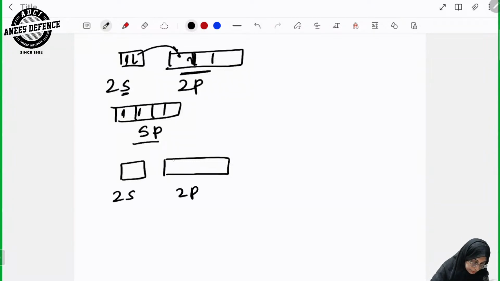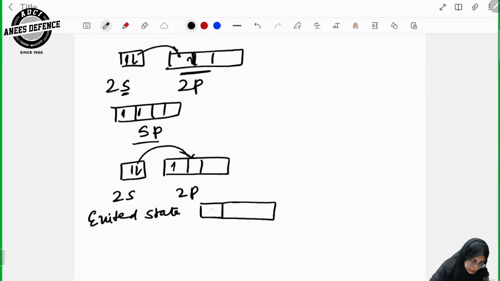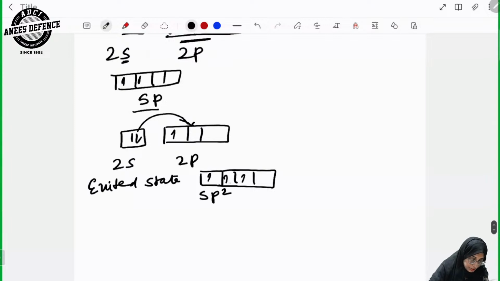In the excited state, it will shift here, shift here, and it becomes sp2. And if all three orbitals of p participate, it will become sp3.